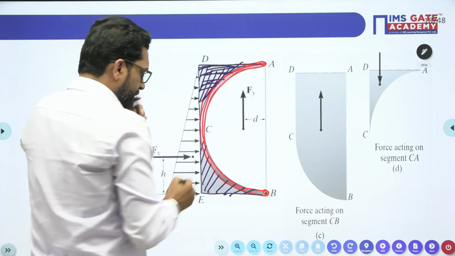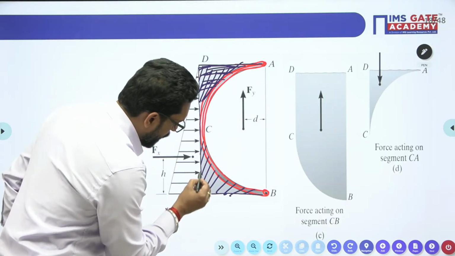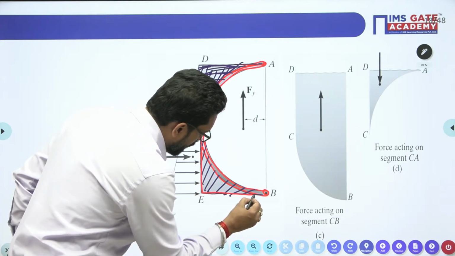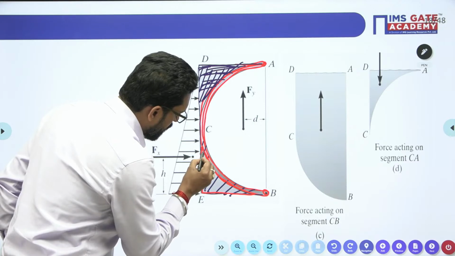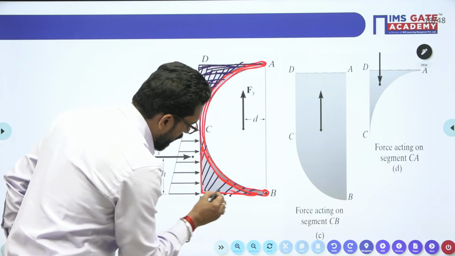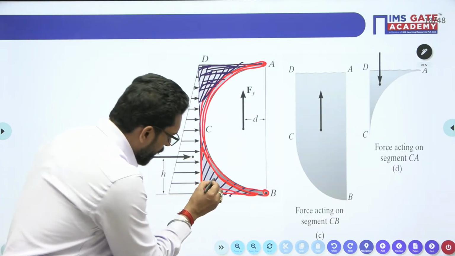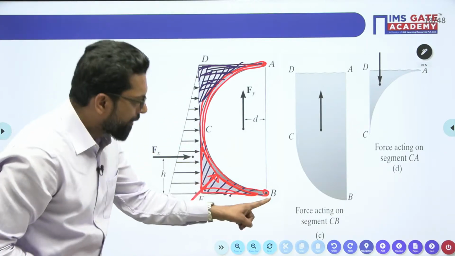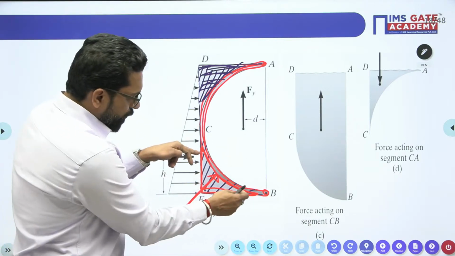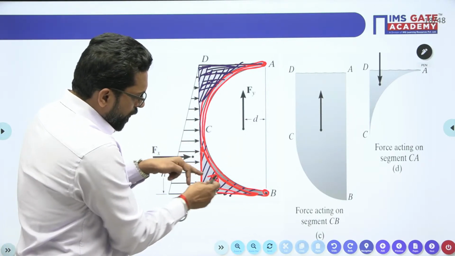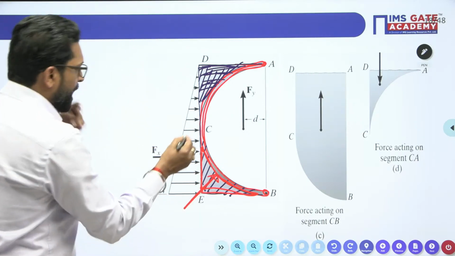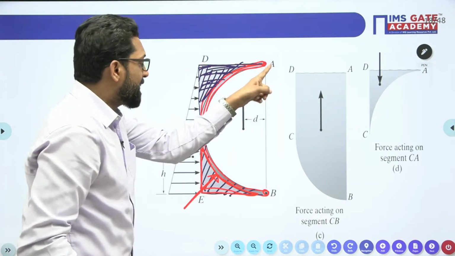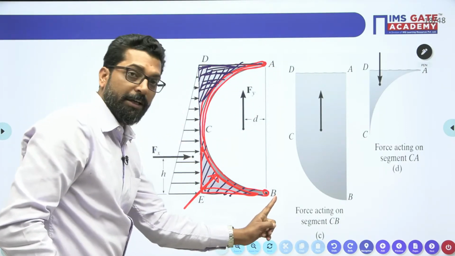If you calculate the vertical force due to this chunk of the fluid, it will act as a force on this segment AB. There are two parts of this curve. One part is AC, other part is CB.